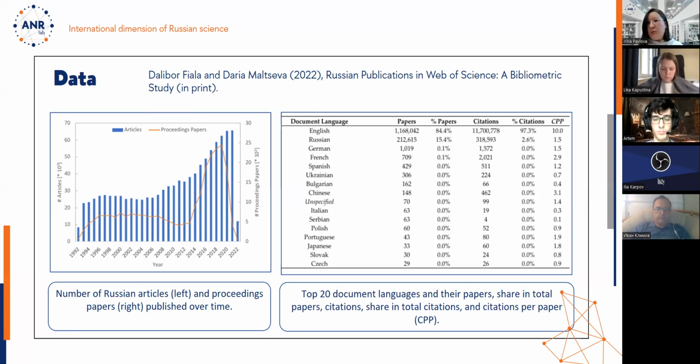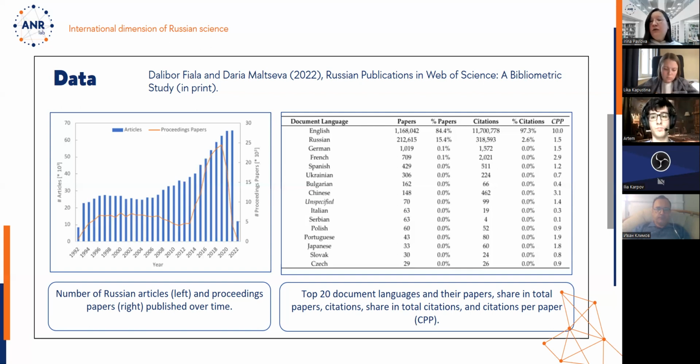So some dynamics, some changes, growth in the area. Overall, all the publications are included, both articles and proceedings papers, and it is possible even in this large data set to see how the overall evolution of publications was developing throughout the years. It was possible to see the top languages used in this data set.